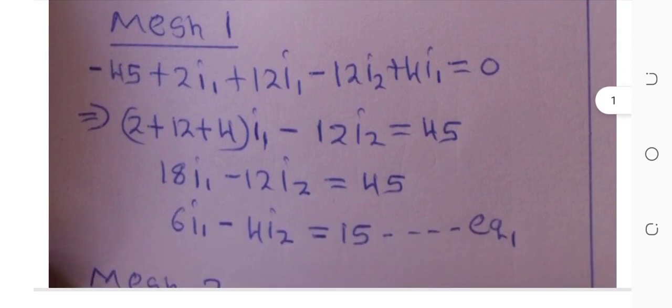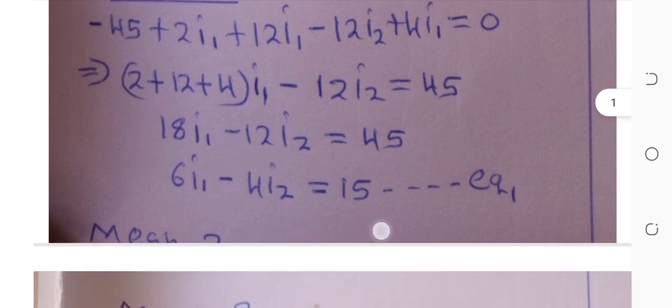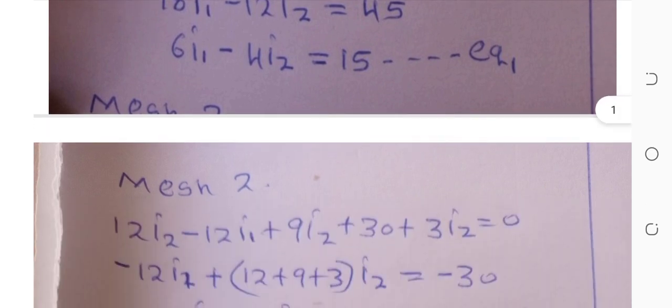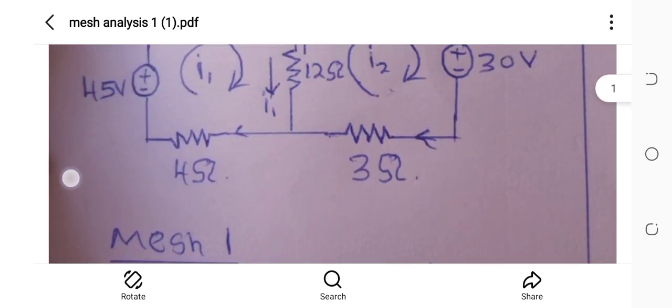This negative 45 goes to the other side and becomes 45. So summing up, you have 18 I1 minus 12 I2 equals 45. Dividing by 3, you get 6 I1 minus 4 I2 equals 15. That is equation 1 for mesh 1.